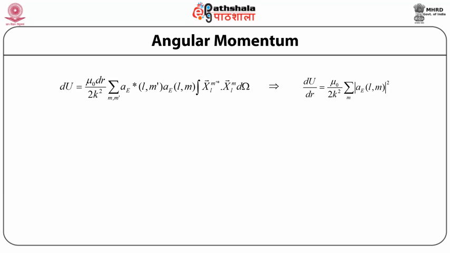This implies that dU by dr is equal to mu naught divided by 2k squared summation over m of mod a_E as a function of Lm squared.